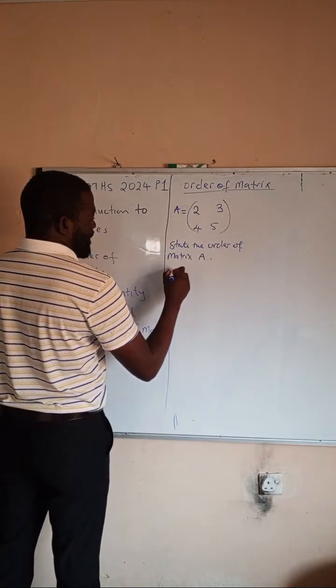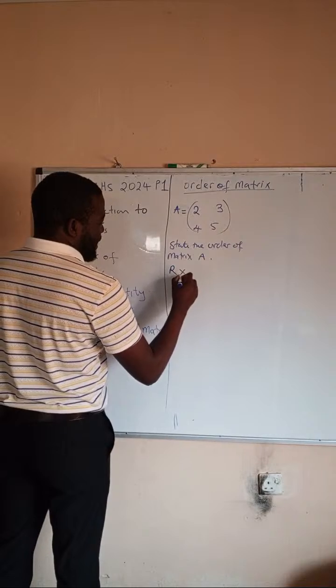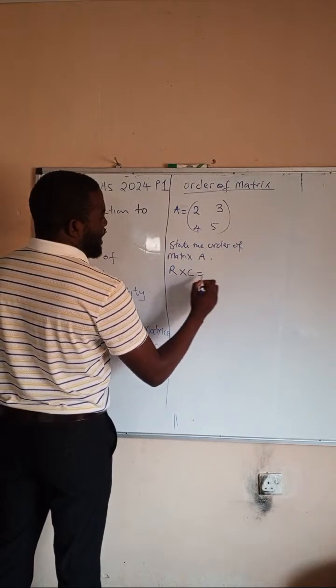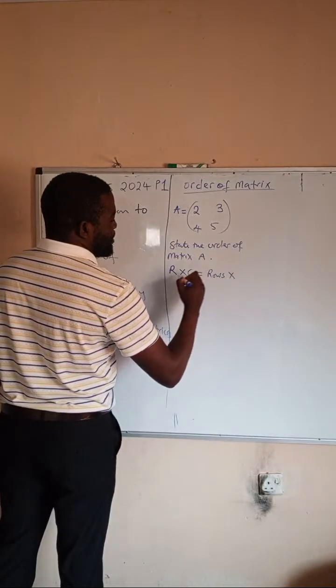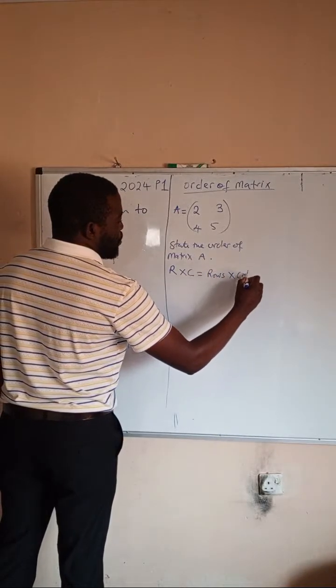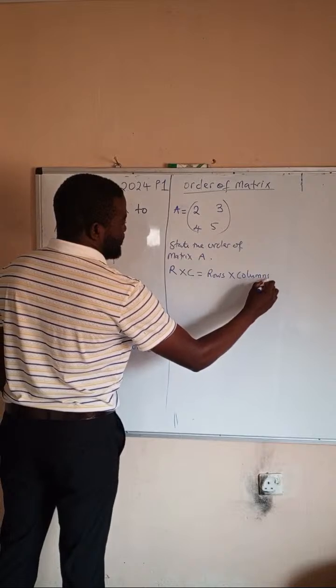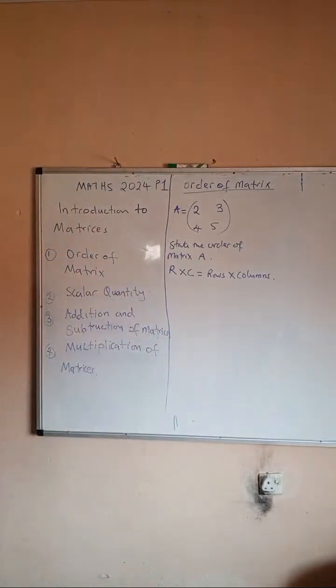So it is written as R times C, where R means rows and C means columns. I hope you have understood. R means rows, C means columns.